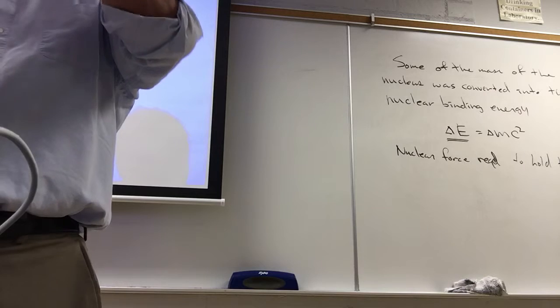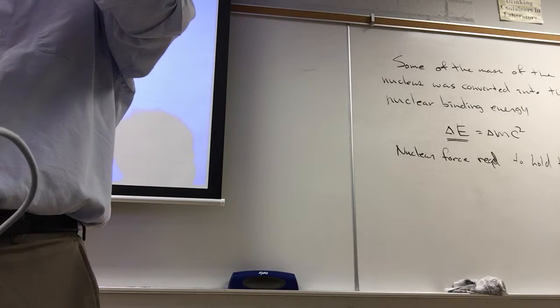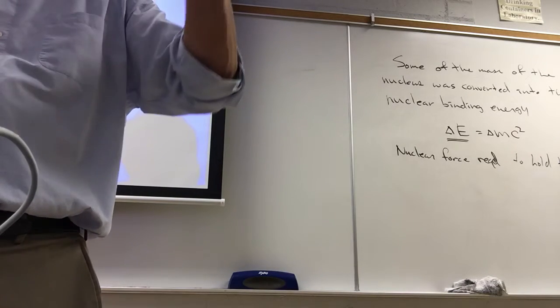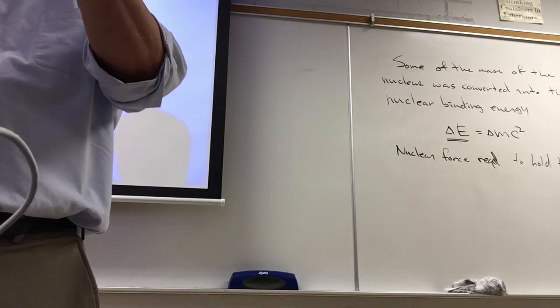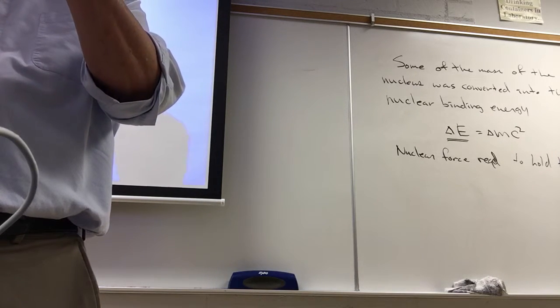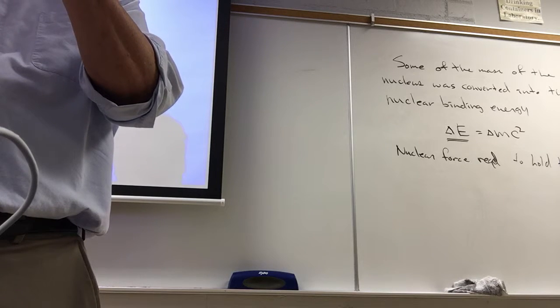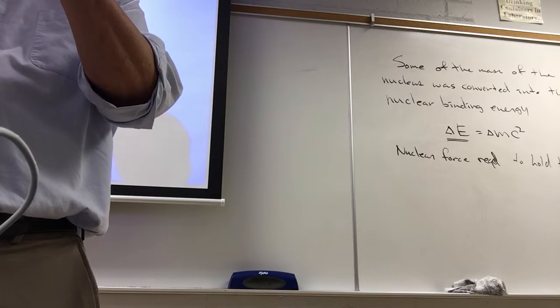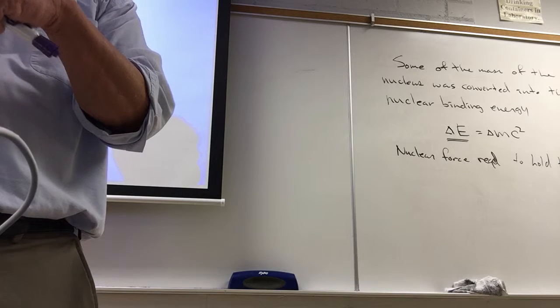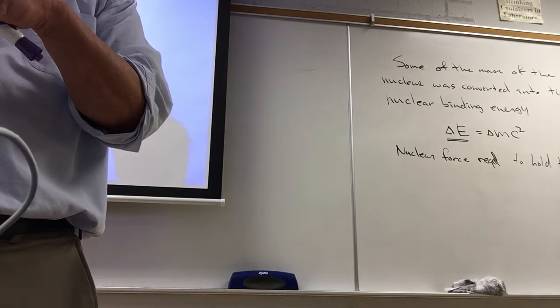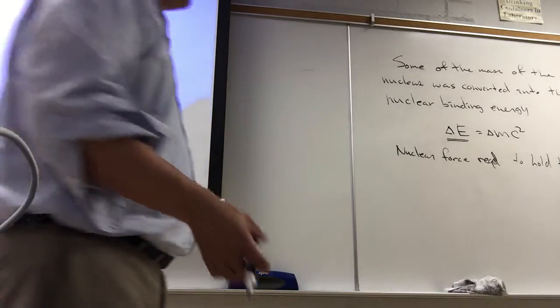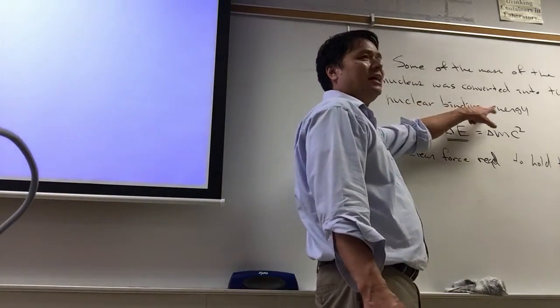But why don't the 9 protons in the nucleus repel each other and scatter out? What's holding the protons inside the nucleus? I know what's holding the electrons in the atom, but what's holding the protons in the nucleus? What's holding it is called the nuclear binding energy.